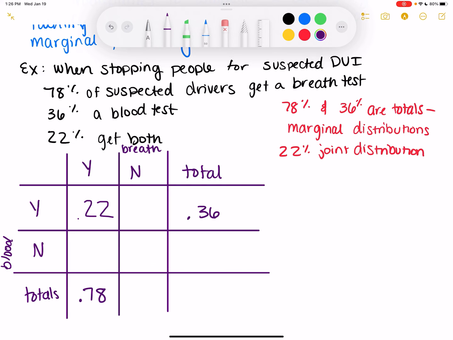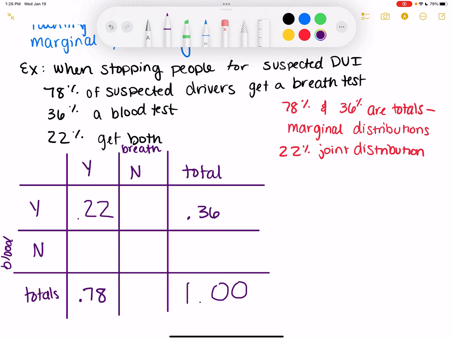Okay, so those were the only three numbers we were given. But what do we know about the ultimate total in the bottom right corner? 100%, or as a decimal, 1.